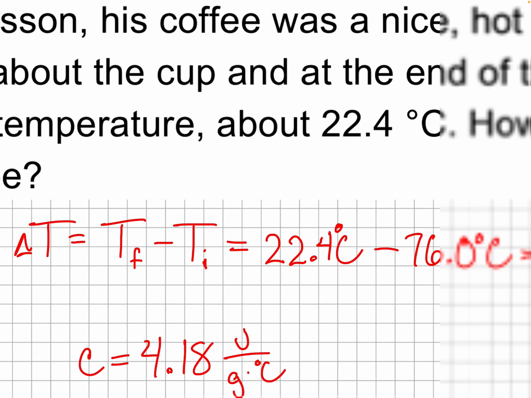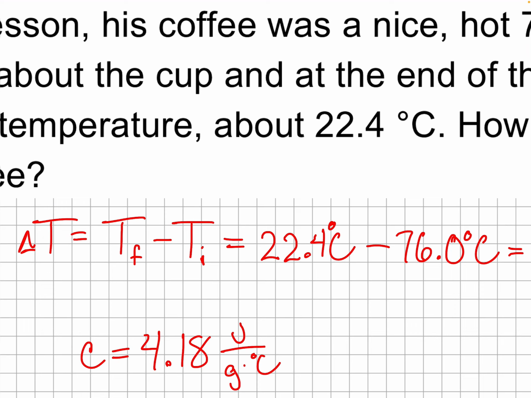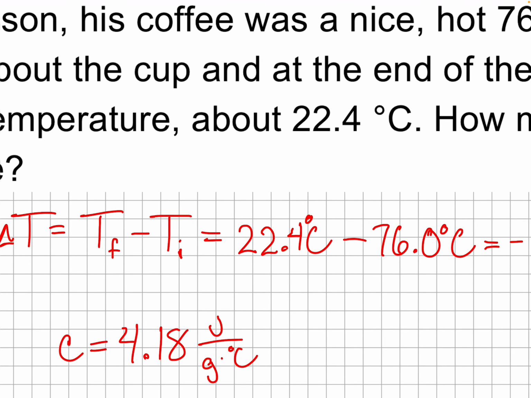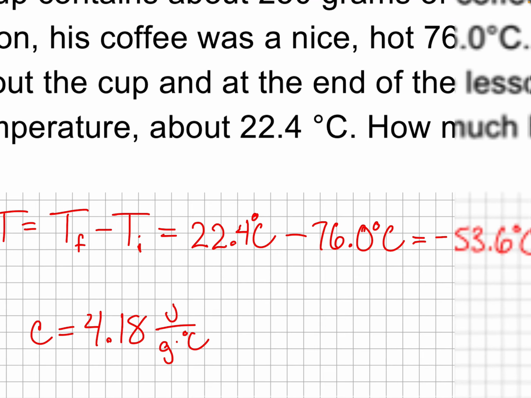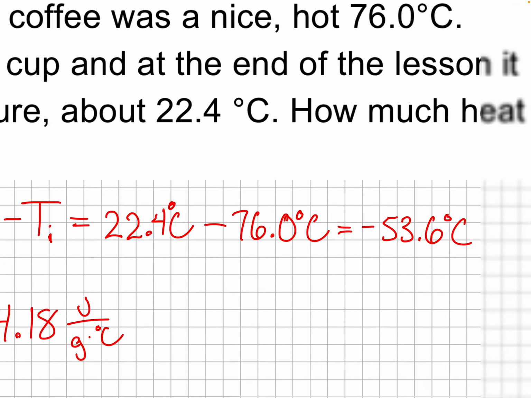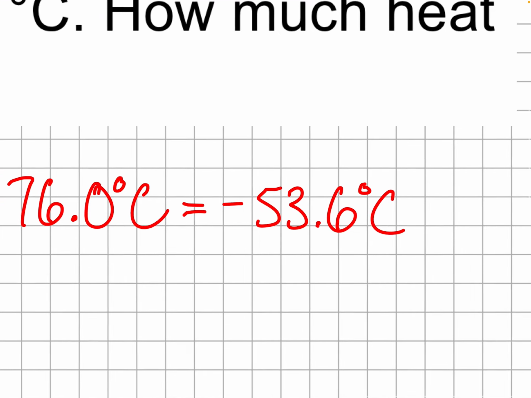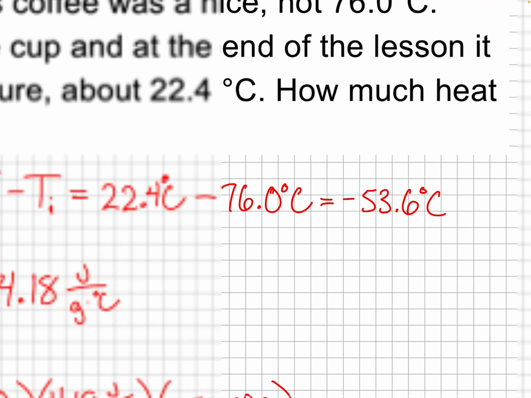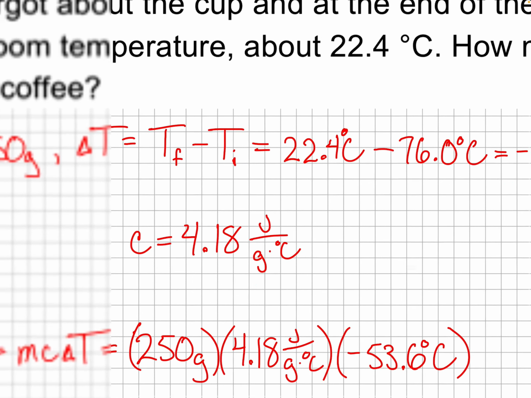So in this case then, my final temperature is 22.4 degrees Celsius. Remember, this is cooling down. My initial temperature is warmer at 76.0 degrees Celsius. So this is going to give me a negative value for change in temperature. And we'll see why that is useful momentarily.